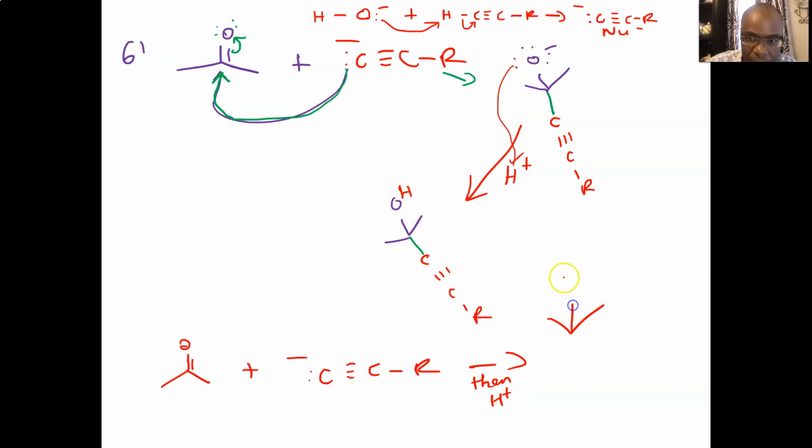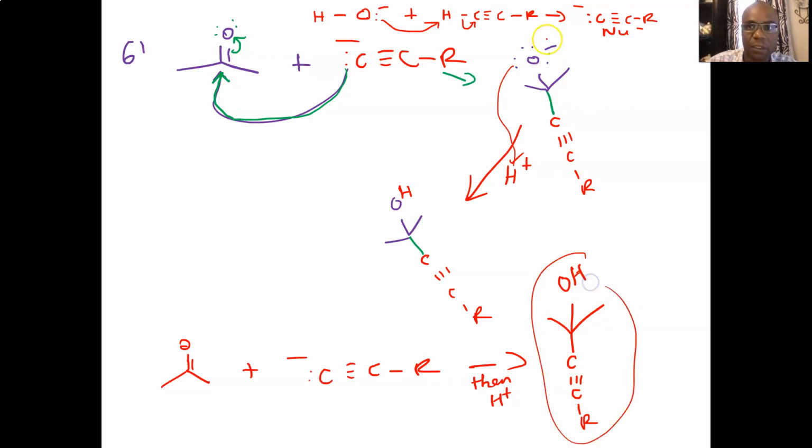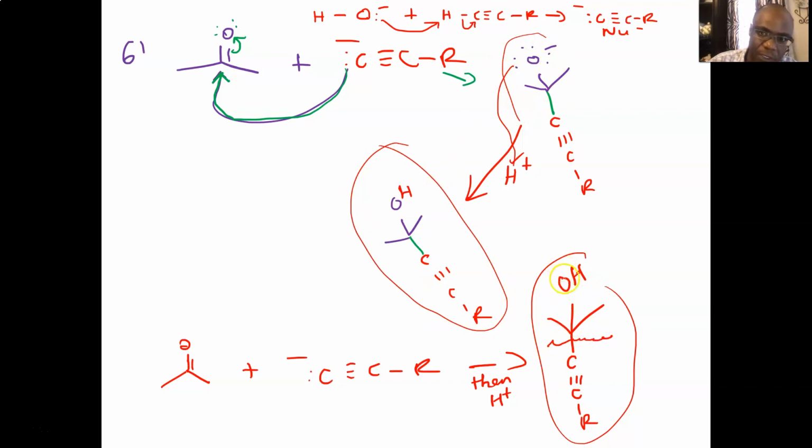So again, you have to maintain the number of carbons that you're joining together. So this is where you join the two pieces together. The OH comes from the carbonyl. This reaction is sort of an SN2. You are adding alkyne on carbonyl.